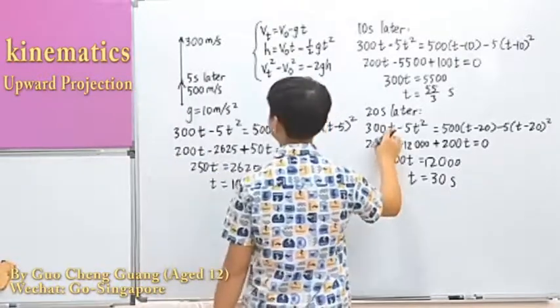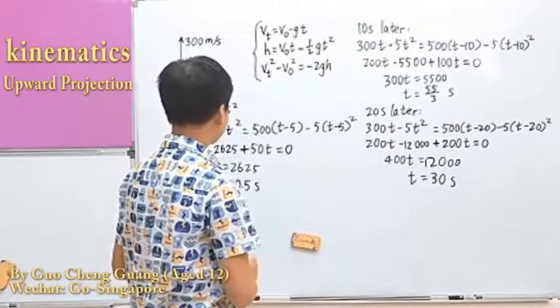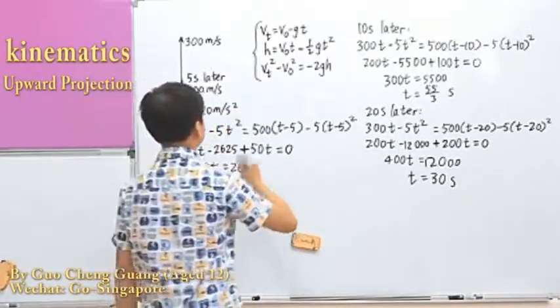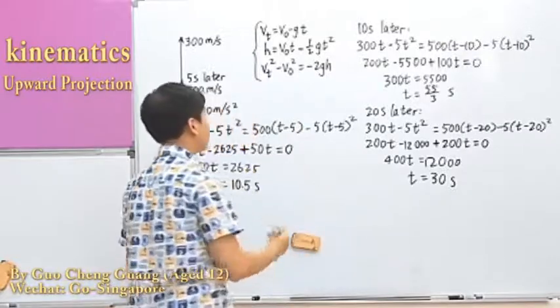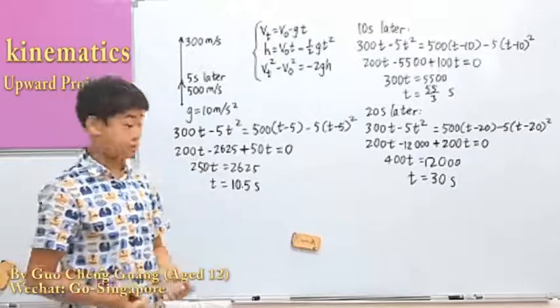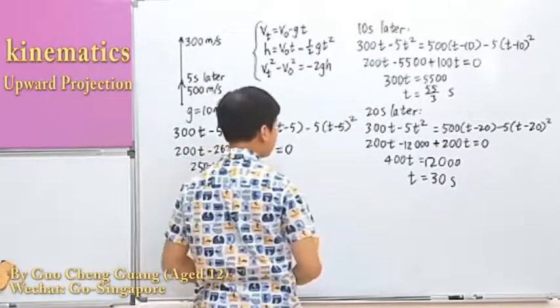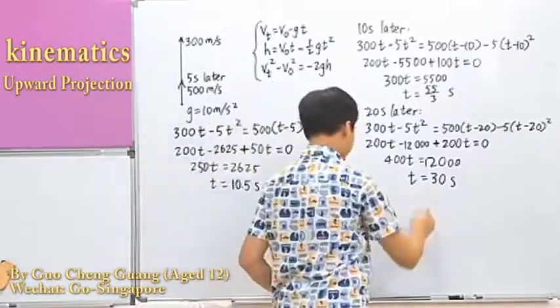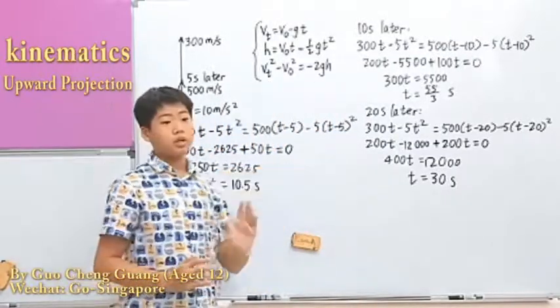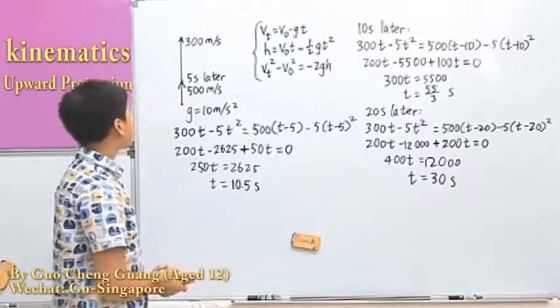So if you put it inside there to calculate for its velocity, this part is just 300 minus 10 times 30. If you substitute inside here, it will just be 0 for its velocity. And that means this part is actually very special here.